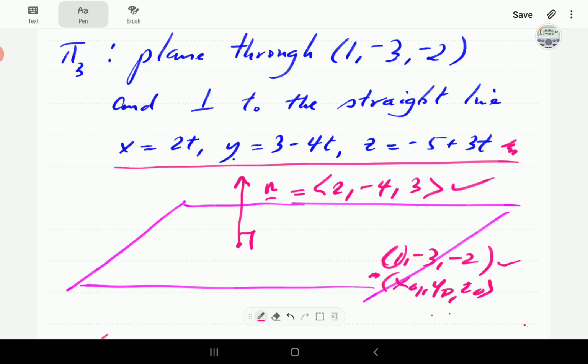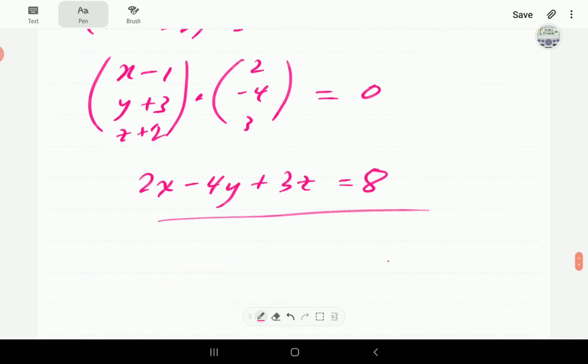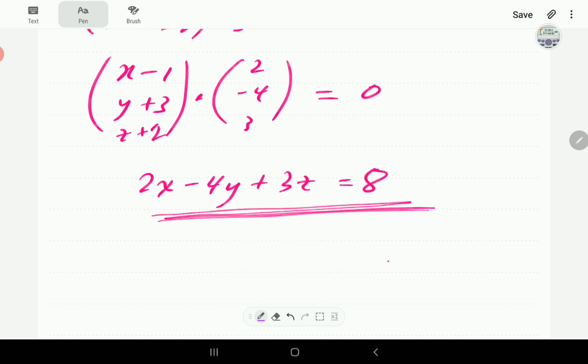And from those points, we can get some direction vectors. We are going to extract those from the equation that we already have. We can either make the process complicated, or we can make it easy for ourselves.